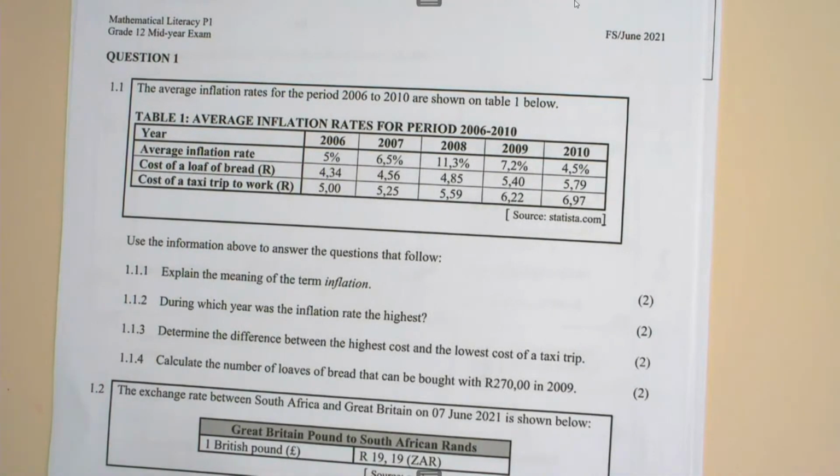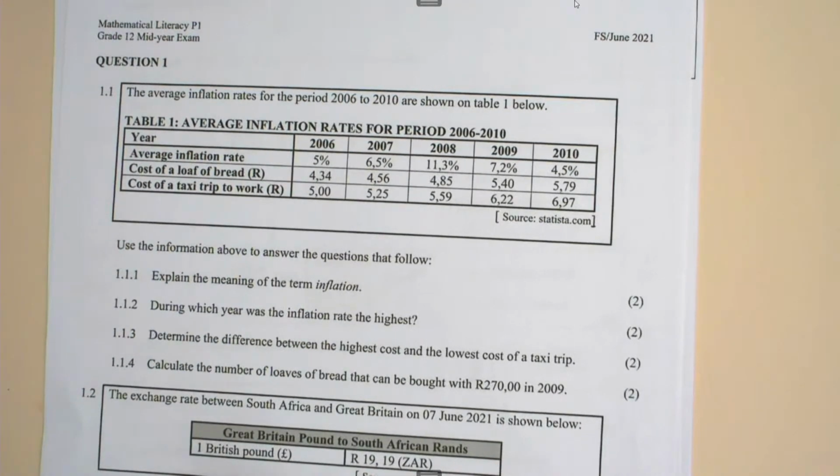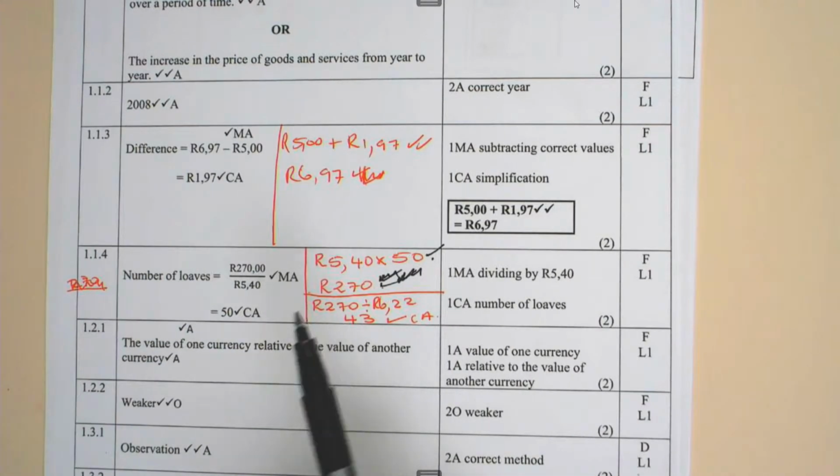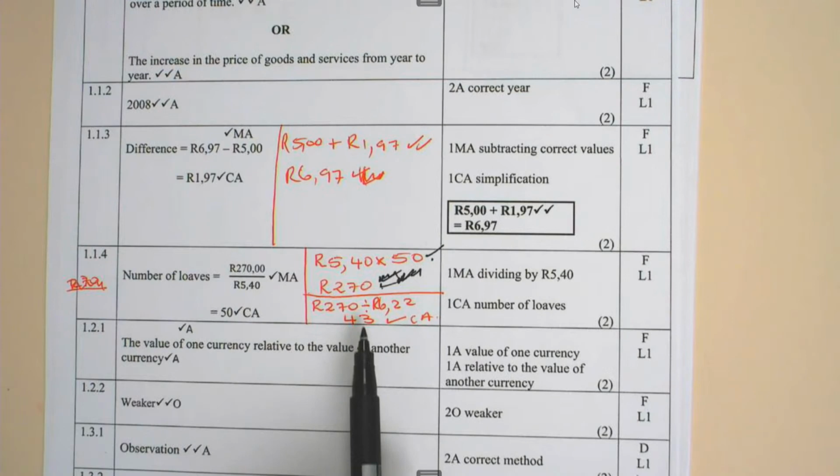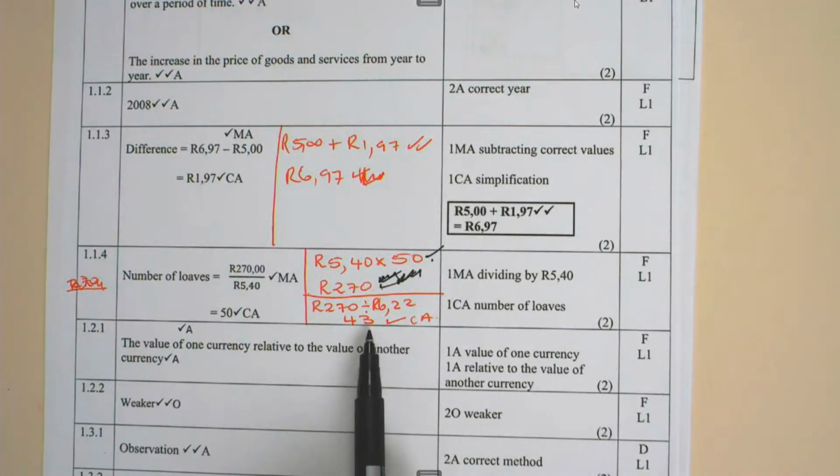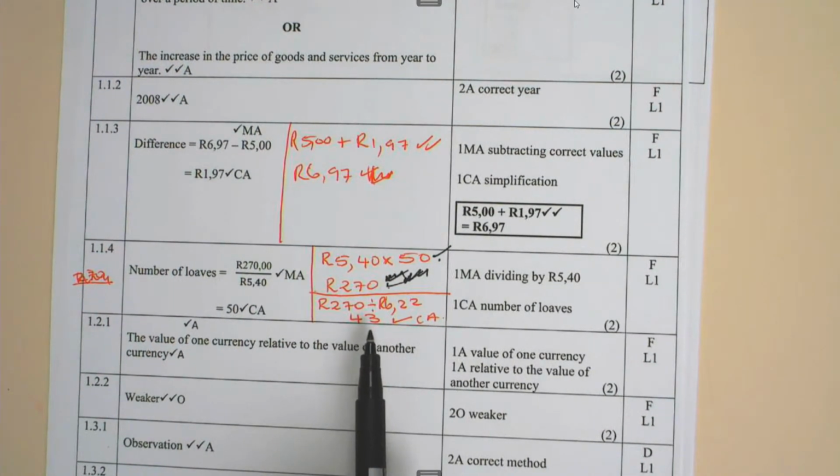And then I divided 270 by that amount. I just wanted to show you how to see the CA. Remember, you only see the CA if one of the numbers is correct. Then you see the CA on the answer, the number of loaves.